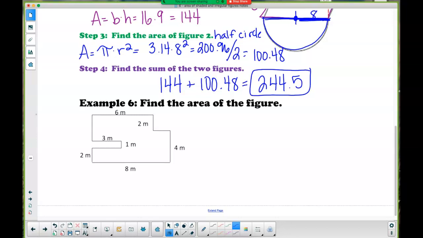Anybody stuck? Yeah? I almost got it. Some people almost got it? Okay. So, maybe you didn't get done with it yet. That's okay. How did you start doing this? What did you do? Because there's more than one way to do this problem. Zachary, what'd you do? I broke it up into some squares. Okay, how did you do that?